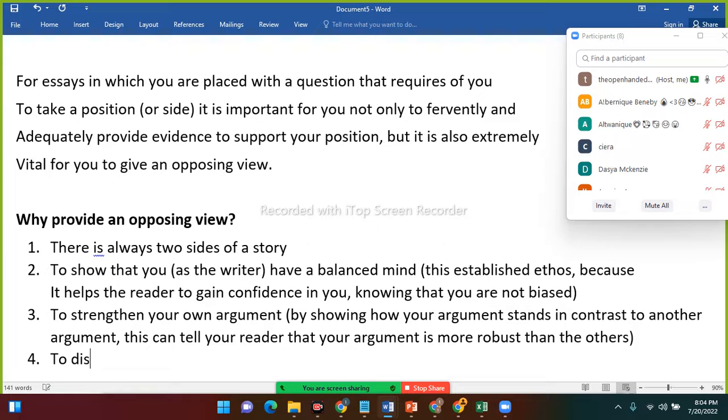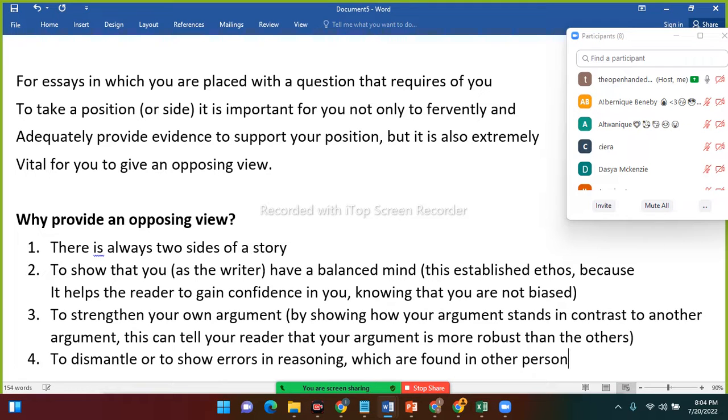To dismantle, or to show errors in reasoning which are found in other points of view, in other persons, or in an opposing view.